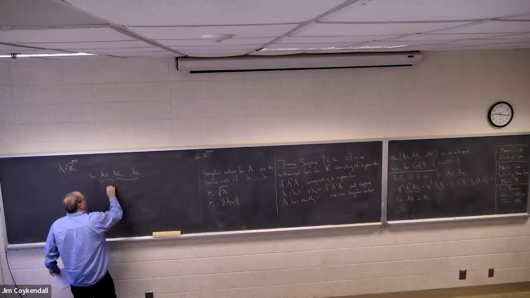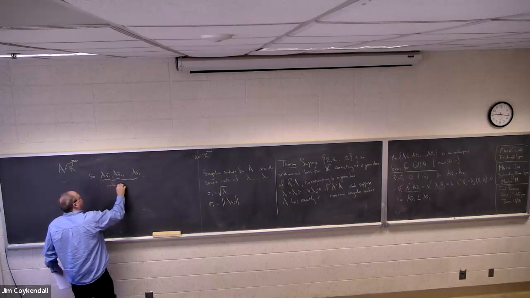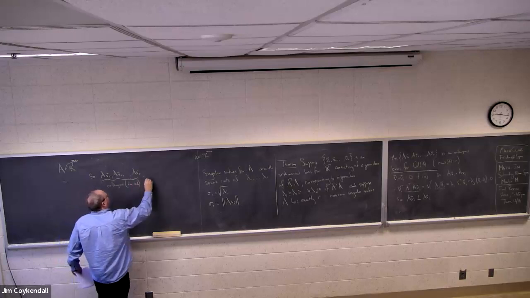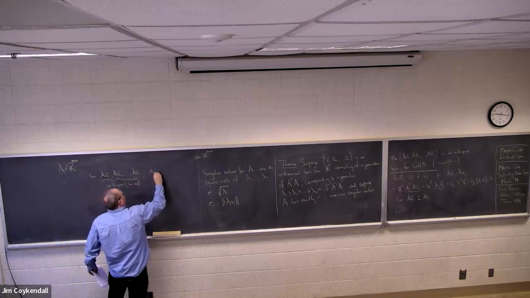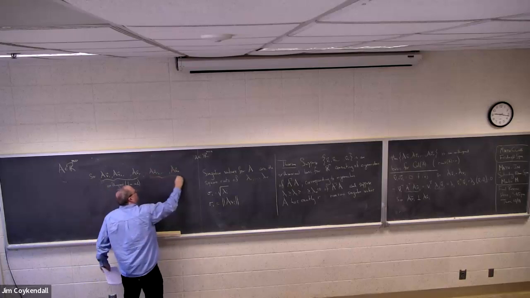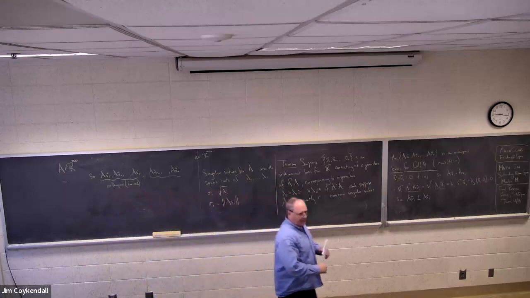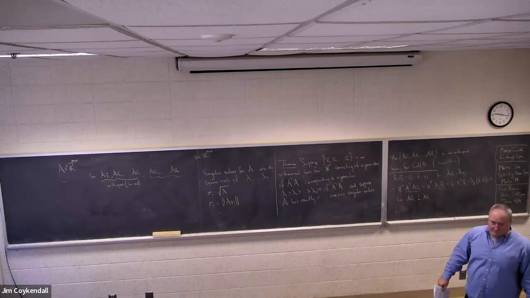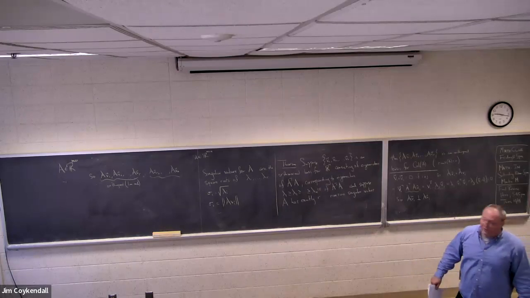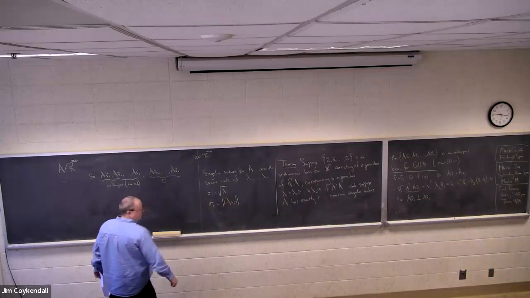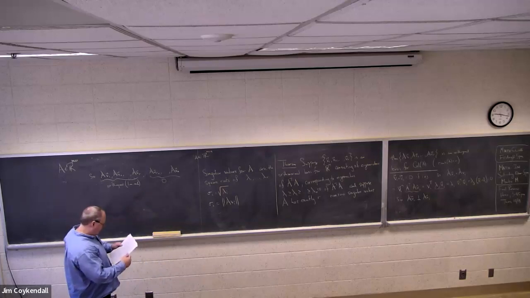This is an orthogonal set, so it's linearly independent. And ABR plus 1 all the way up to ABN. What do these all turn out to be? These all turn out to be 0, because these are the eigenvectors that correspond to 0 singular values. These all turn out to be 0.